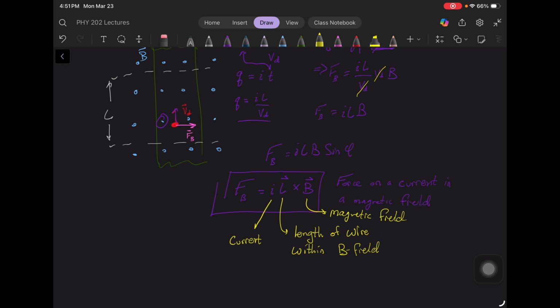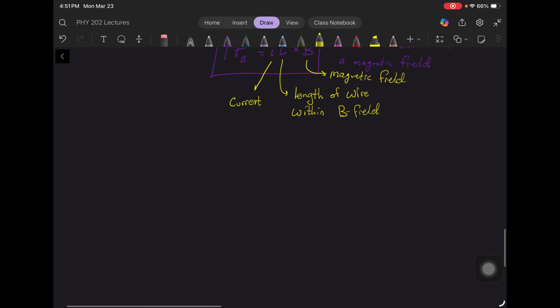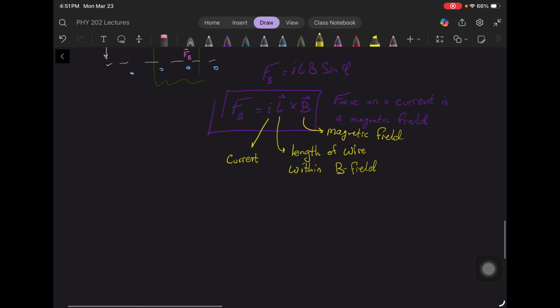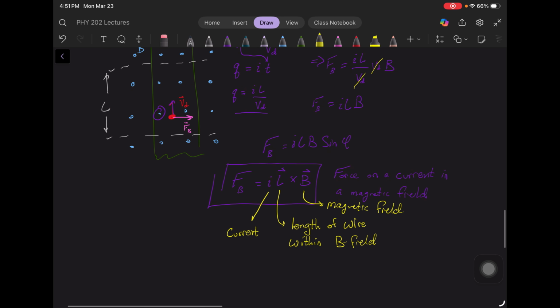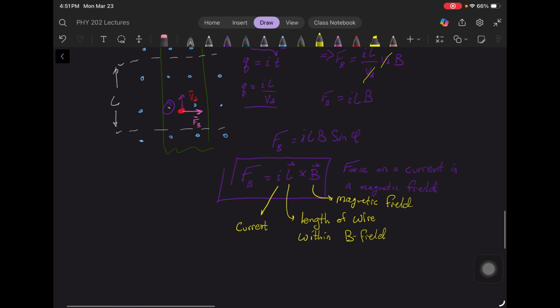And so then we can also get into some funky scenarios where what happens if the wire's not straight. What would we have to do? We'd have to come up with some kind of path integral, right? We would have to figure out a way to integrate along the wire.